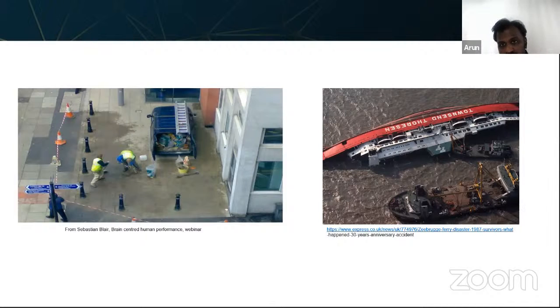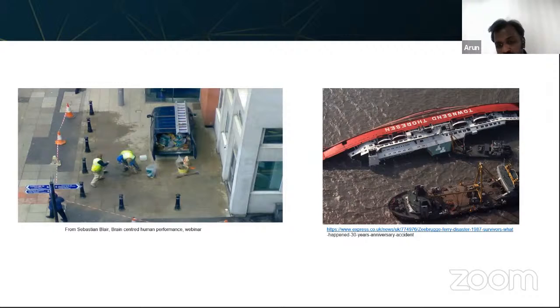The bow door is a door through which all the vehicles and passengers enter. On this particular day, the ferry was traveling from the Belgian port to Dover.